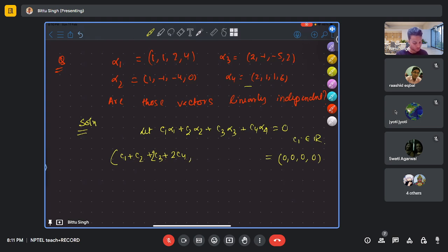Similarly, the second entry will be C1 minus C2 minus C3 plus C4.